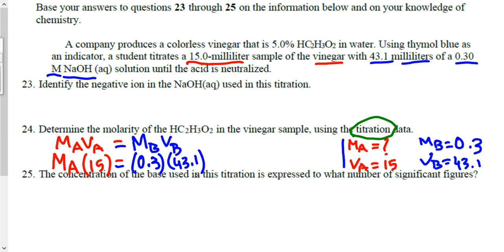So for MA, divide both sides by 15, and therefore if you solve it correctly, you will get the concentration of the acid would be 0.862. Any answers like 0.86, 0.862, all of these would be correct answers.